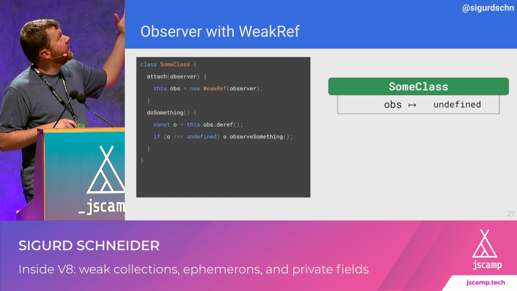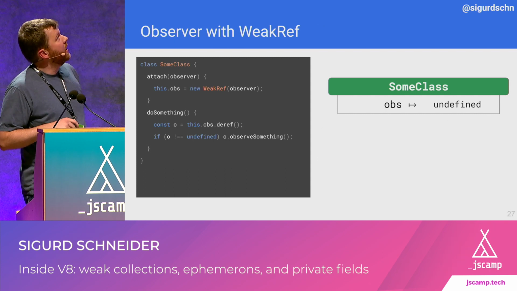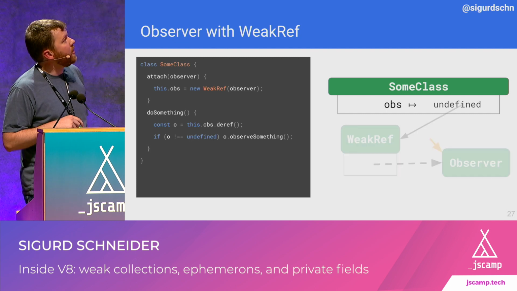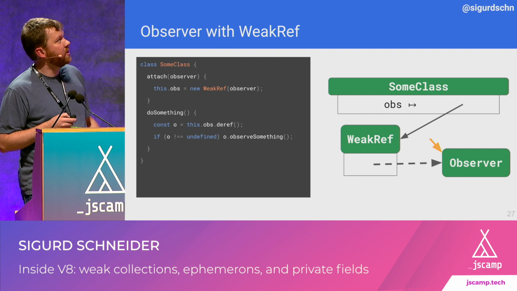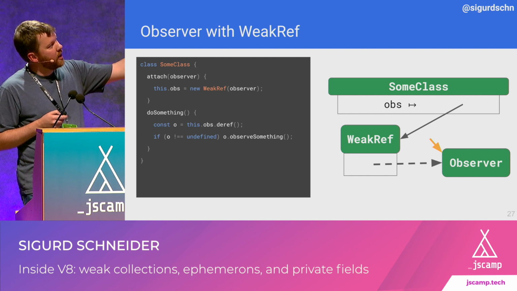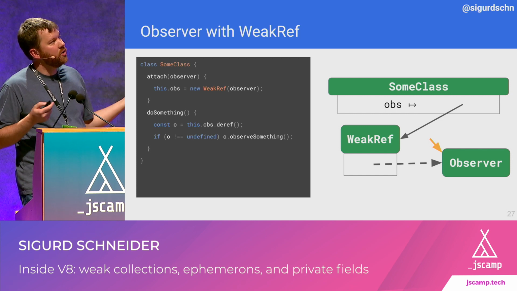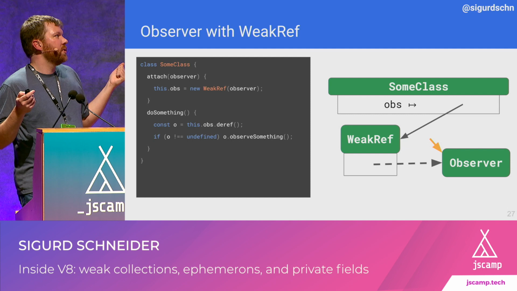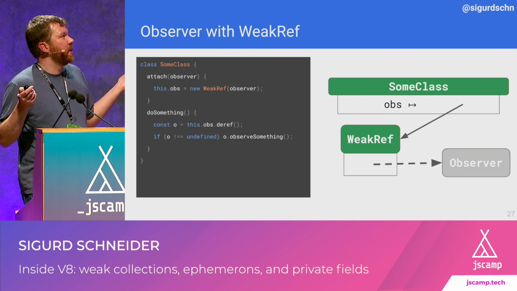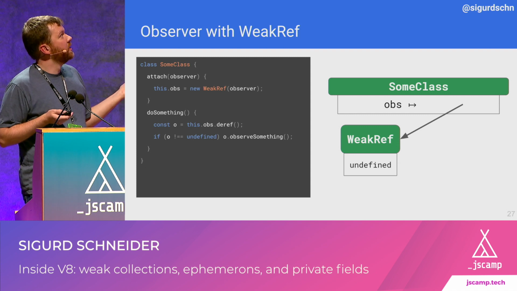And weak refs can give you exactly this. And it's easy to use. You just wrap the reference in a weak ref, and then the heap layout looks like this. The property on some class will point to a weak ref, which then will hold weakly the observer. That means the GC knows if the observer goes away, then it can just replace the value with undefined.